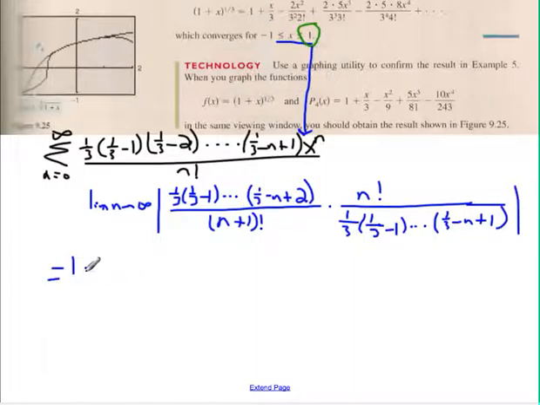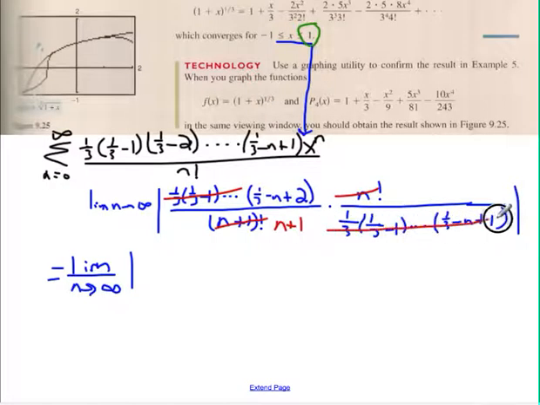So that's going to be equal to the limit of, let's see, what cancels here. So this is going to go to just n plus 1. I think all these terms are going to go away, aren't they, except for that part up there.